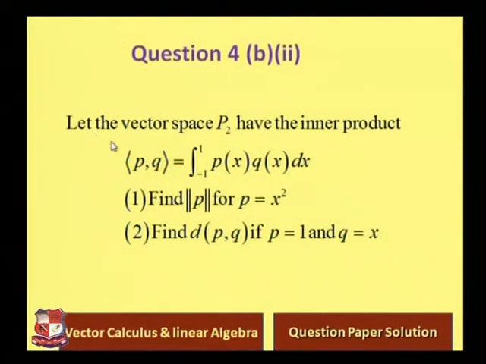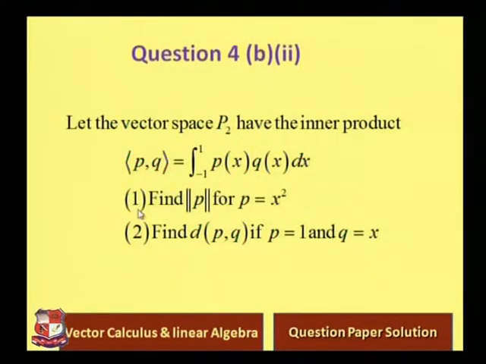Let the vector space P2 have the inner product. Here the inner product is defined as the inner product of P and Q equal to the integration from minus 1 to 1 of P(x) Q(x) dx. That means P and Q are vectors, P of x and Q of x, polynomials in P2, meaning second degree polynomials.